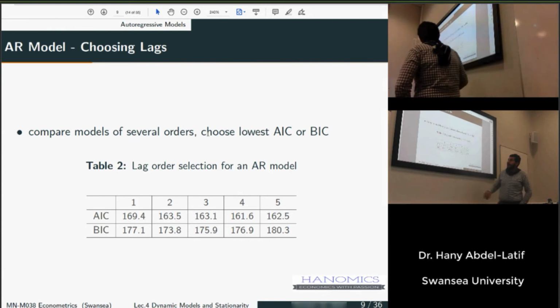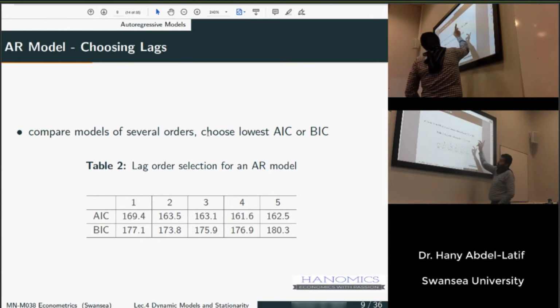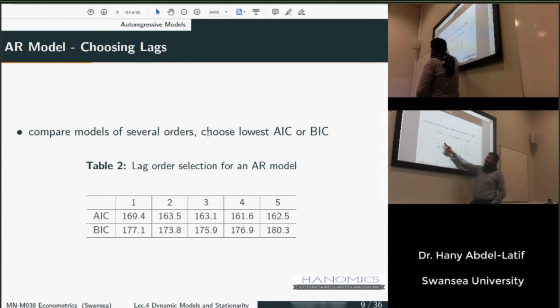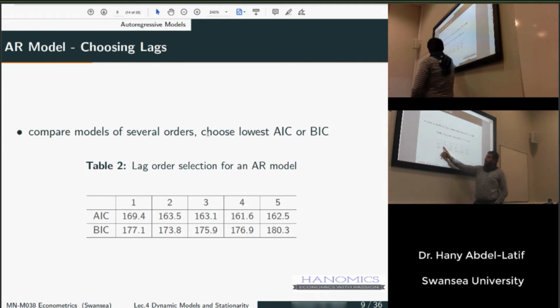The Akaike information criteria. So these are different lags. This is the same model, but with different lags: with only 1 lag, 2 lags, 3 lags, up to 5 lags. And then you choose the number of lags that will have the minimum value for these criteria.